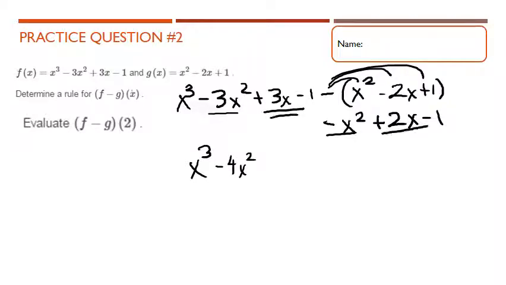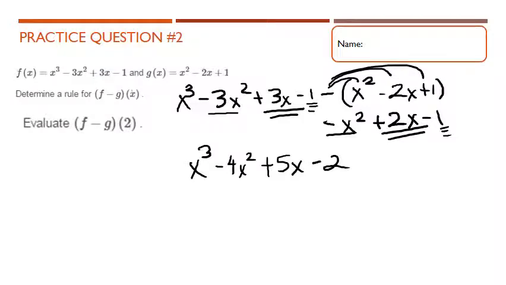Then you have your x's. So we have 3x plus 2x. So that is a plus 5x. And then negative 1 minus 1, so that is a minus 2.